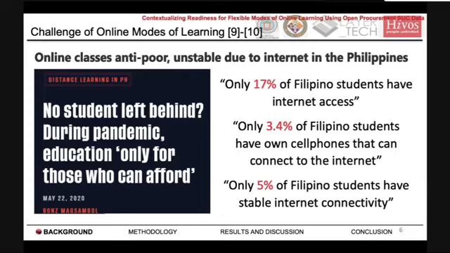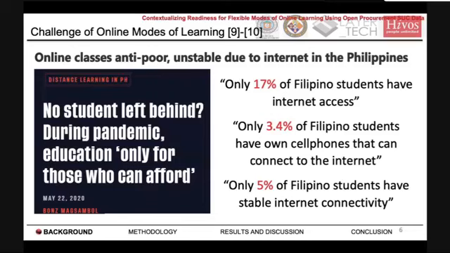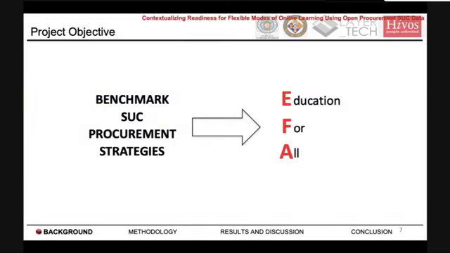So benchmarking on their procurement strategies could be beneficial to SUCs in the Bicol region currently in the process of shifting to online modes of learning. Overall, the objective of this research work is simply to benchmark the procurement behavior of these SUCs and translate this behavior into data-driven recommendations, which could be adopted by SUCs in the Bicol region.